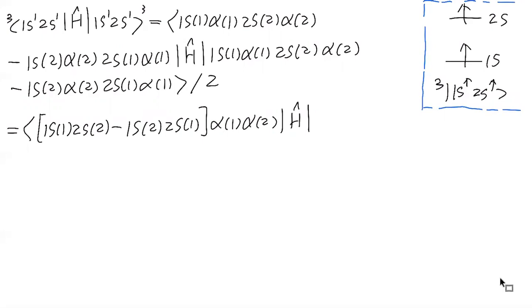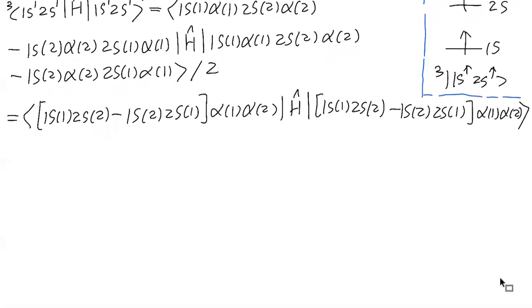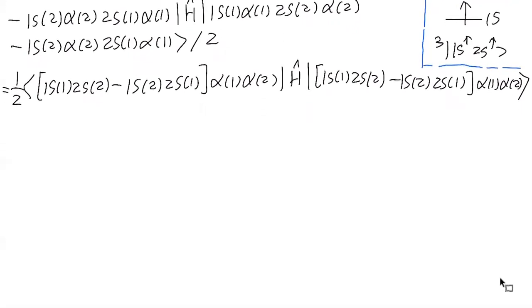H, 1s1 2s2 minus 1s2 2s1, alpha 1 alpha 2. Don't forget about the 1 over 2, this factor in front of this expectation value.